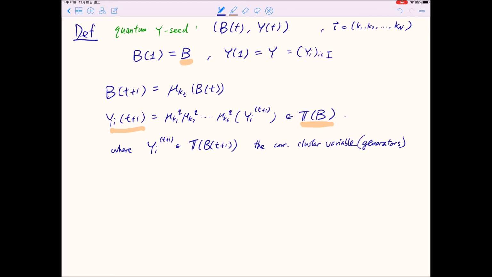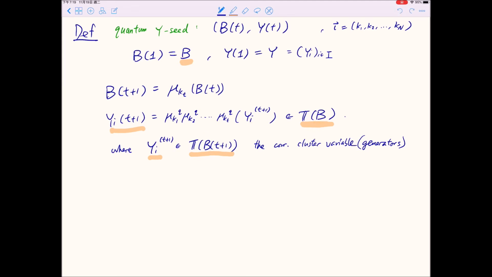So y_i will be our initial seed. So here we take the mutated matrix and define the corresponding quantum torus algebra using this matrix, and define the corresponding generators, the y_i generators of this algebra. So this lies in T_{B^(t+1)}, and then we mutate it step by step back to the original quantum torus algebra, right? Because remember, what does this mu_k do?